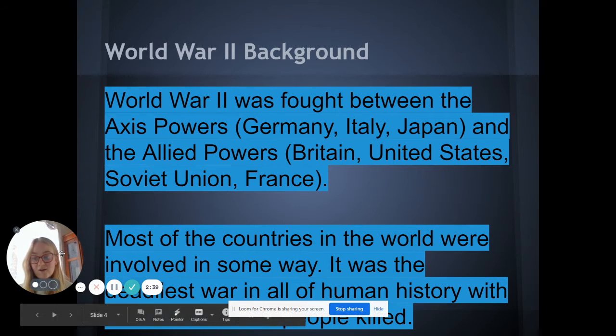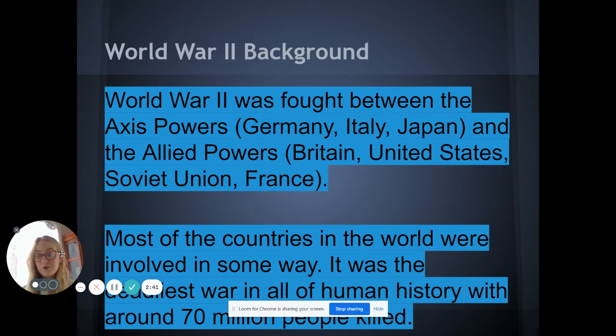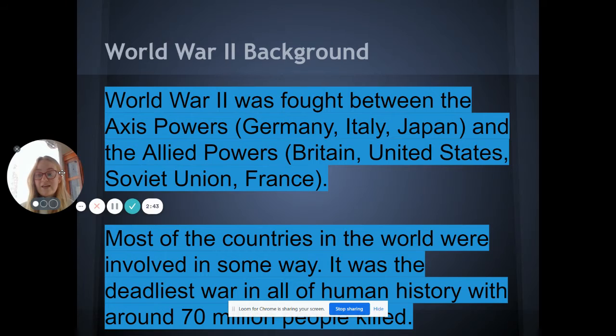Like I said, World War II took place and it involved many, if not most, of the world. It was fought between the Axis powers, which were Germany, Italy, and Japan, versus the Allied powers, which were Britain, the United States, the Soviet Union, like Ukraine and Russia, and France.